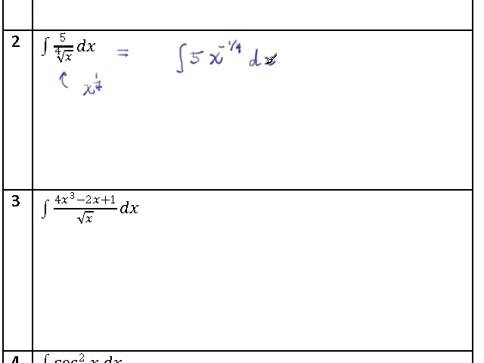So now we have a power, and we can apply the power rule. So we're just going to add 1 to -1/4. So -1/4 plus 4/4 plus 1 is equal to the exponent 3/4. And now we're going to divide by 3/4, or that's the same thing as multiplying by the reciprocal, multiplying by 4/3.